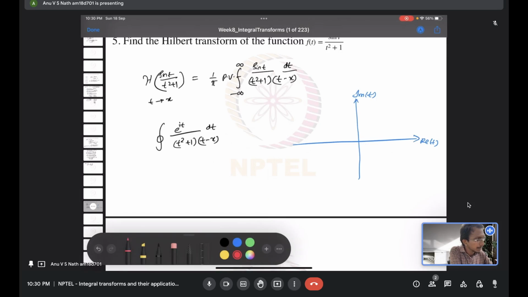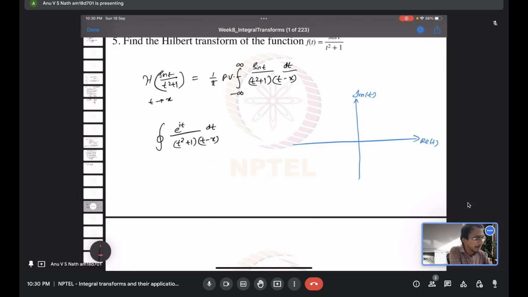Now the singularities for this particular function: e raised to it is an entire function and doesn't have any singularities. 1 by (t minus x) has a singularity at t equal to x. Let's say x can be positive or negative but should be real, so it will be on the real axis. Then 1 by (t square plus 1) has two singularities at plus i and minus i. Both are on the imaginary axis. So we have minus i here, plus i here, and x here.